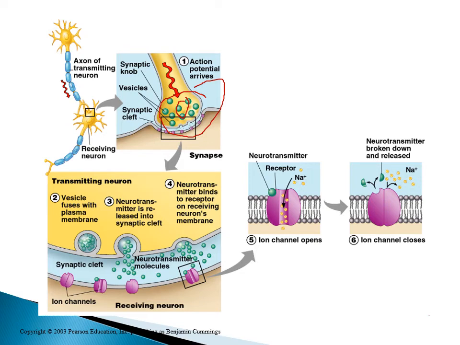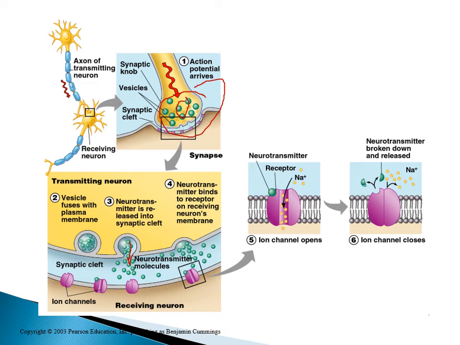That vesicle with the neurotransmitter moves to the end of the axon terminal, where it fuses with the cell membrane. Those neurotransmitters are then released out into the space between the axon terminal of one neuron and the dendrites of the next neuron. This is called the synaptic cleft or the synapse. It's the gap between two neurons.